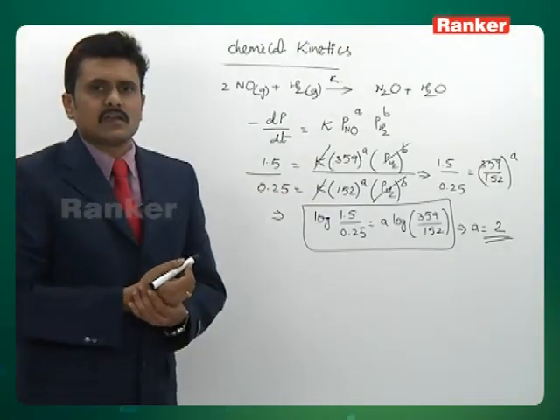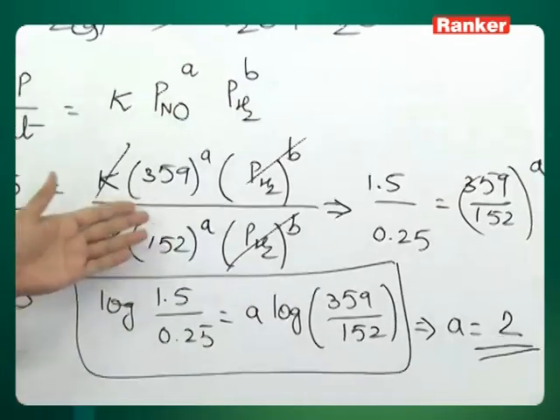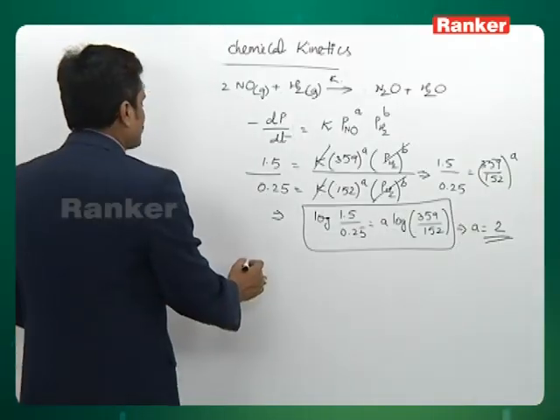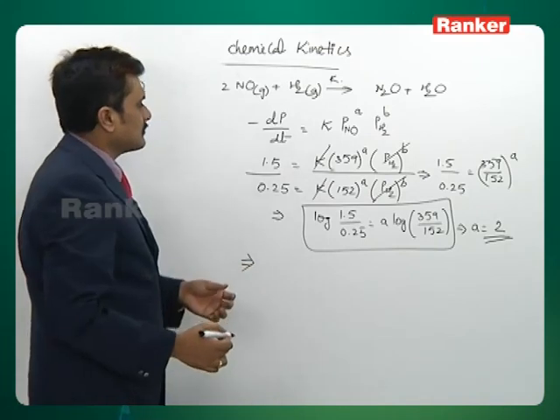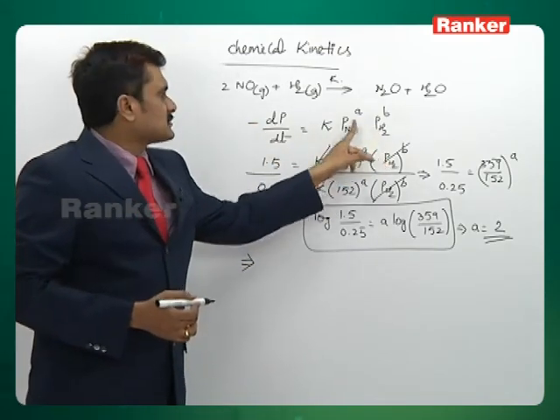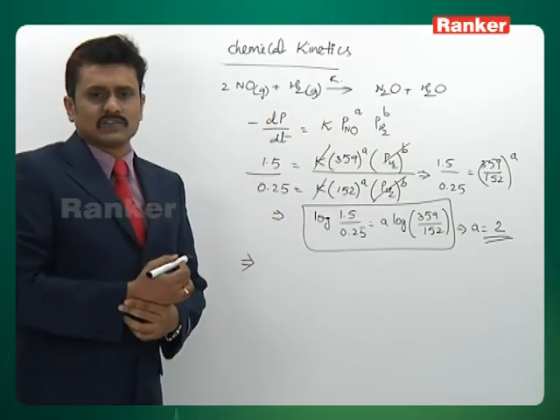Now we made use of the data related to NO to find the order of the reaction with respect to NO. In the next case, I will be utilizing the same equation again, wherein the pressure of H2 has been changed by keeping the pressure of NO constant, and various rates are given for this reaction.